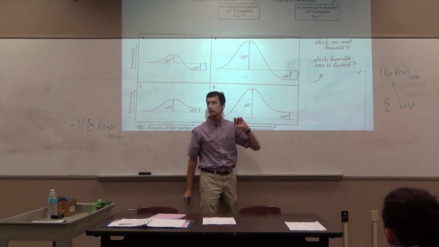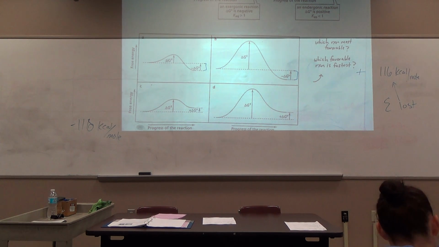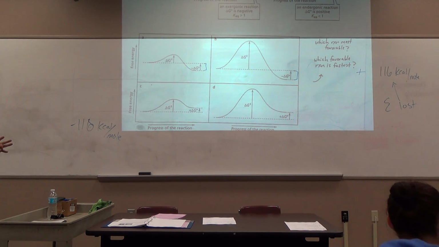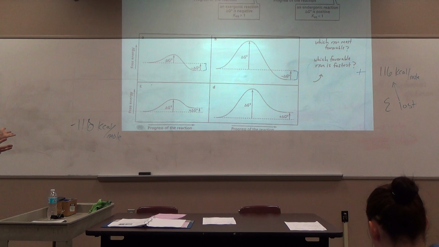See, the question's vague. What does favorable mean to you? Sort of like spontaneous. Did y'all ever clarify this in Gen Chem? Basically, it's a vague term. I'd rather say which is more favorable based on delta H. If I said that, is it A or B? B, because it seems to be more negative, more exothermic.